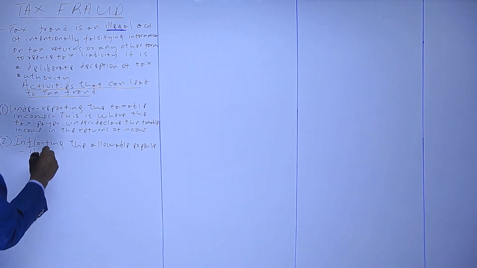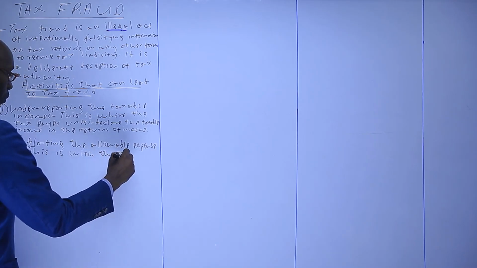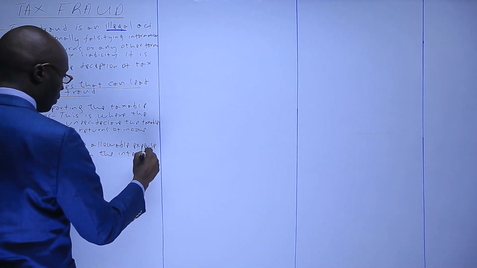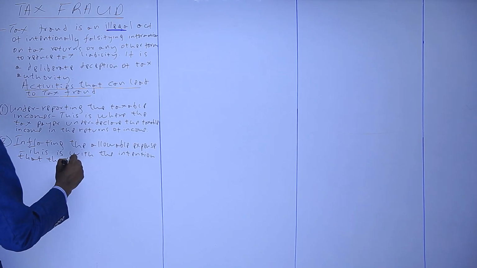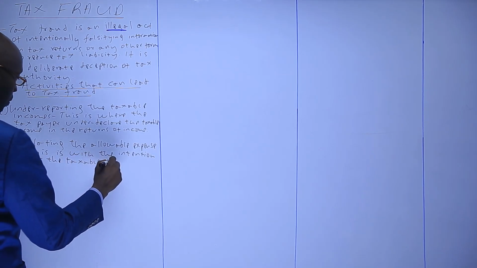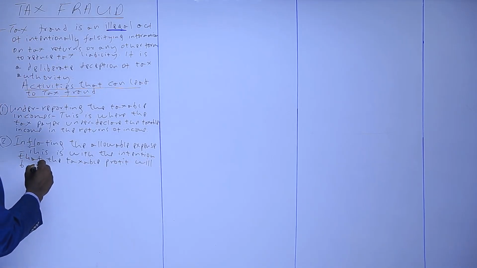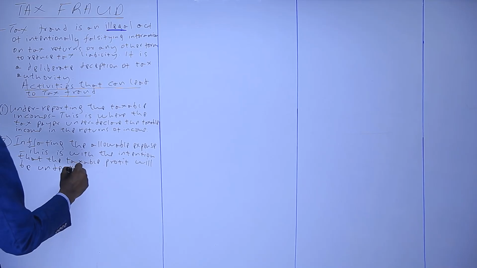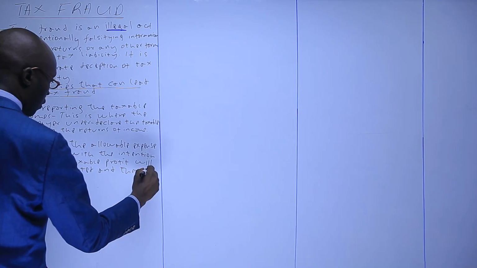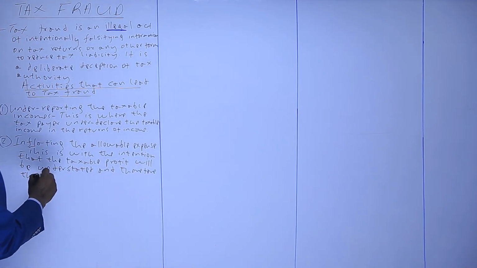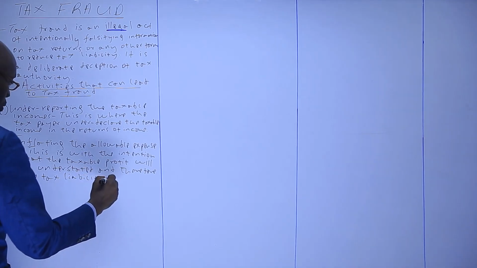This is with the intention that the taxable profit will be understated, and therefore the tax liability will also be less.